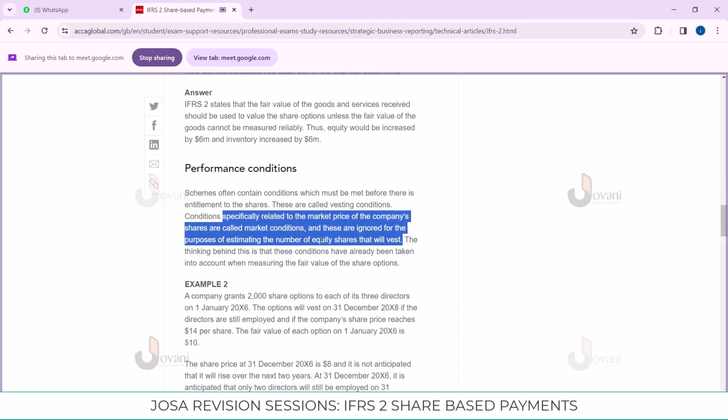The thinking behind this is that these conditions have already been taken into account when measuring the fair value of the share options. I've talked about that. Any question regarding market conditions, or do I proceed? Or do you want me to give you an example? Yes, please.